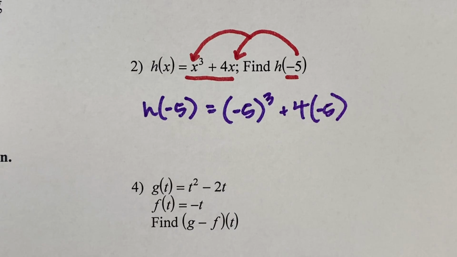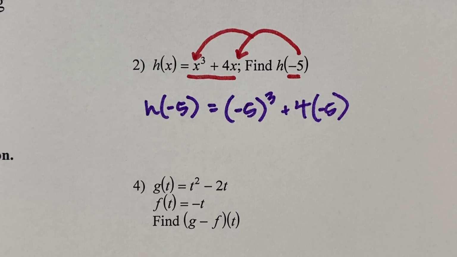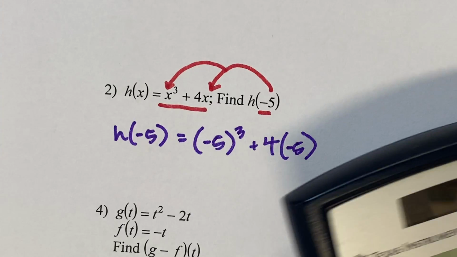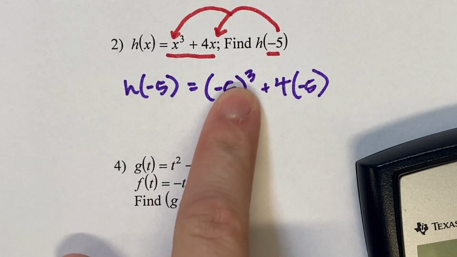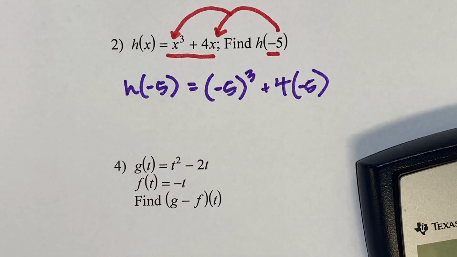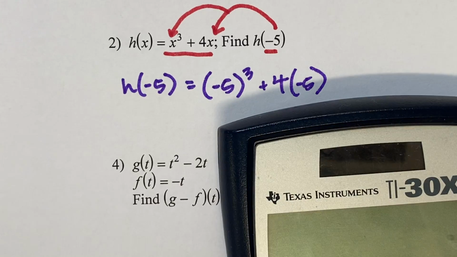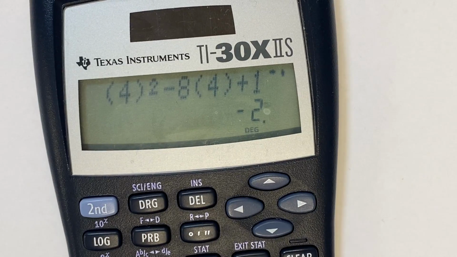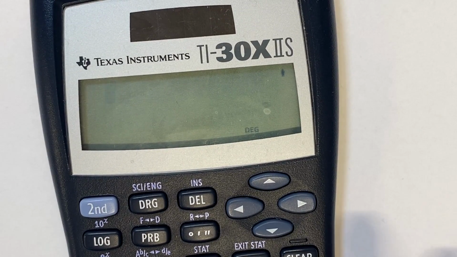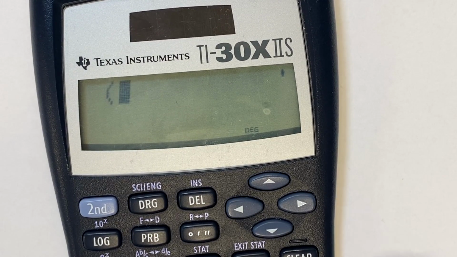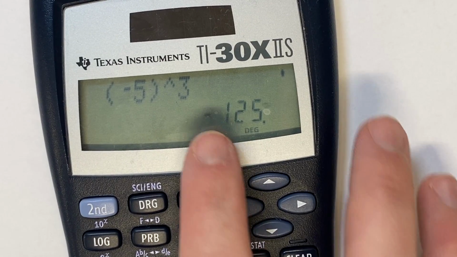So the first thing we've got to take care of is this negative 5 cubed. Whenever we have a negative being taken to the power of an odd number, in this case 3, we know our answer is going to be negative. But we can just punch this right into our calculator. Make sure, though, you include the parentheses. So parentheses, negative 5, parentheses, to the power of 3 gives me negative 125.